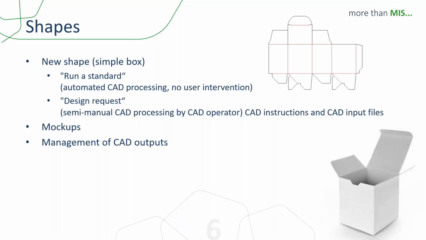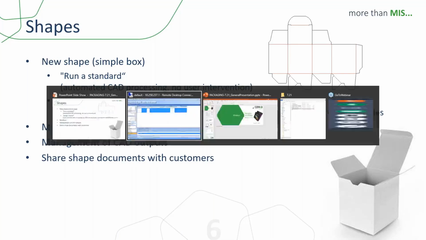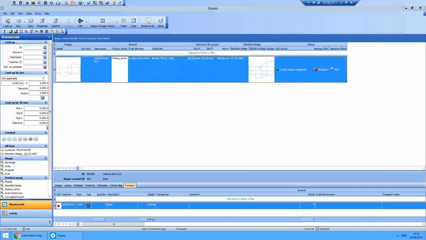So it's first of all configuration, and next to this there's also a wizard, and the wizard will help you in requesting specific files for a specific shape. Because of the management of the cut outputs, we are also able to share some of these shape documents with your customers, and that is what we will show now in the second demonstration.